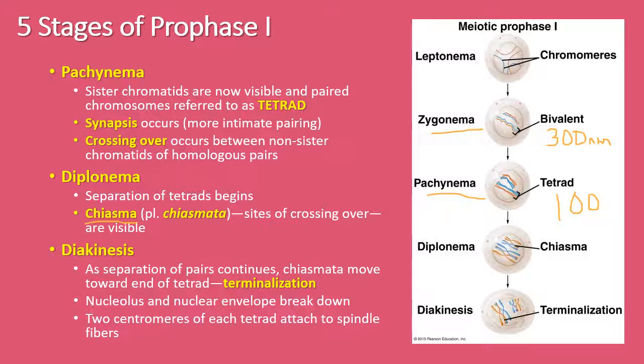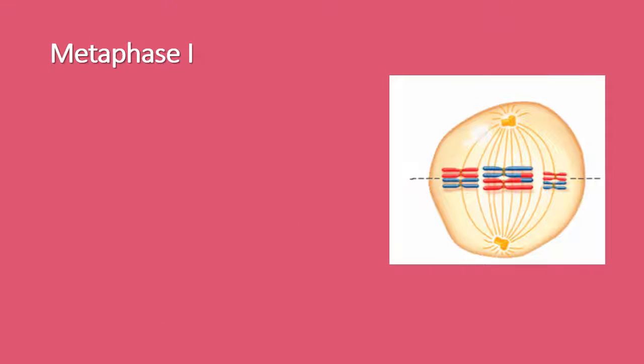But the main thing to take home about prophase 1 is you have these homologs pair up, synapse, and exchange genetic information.